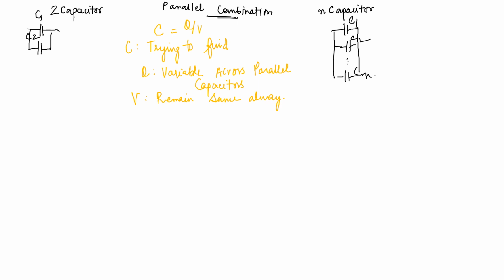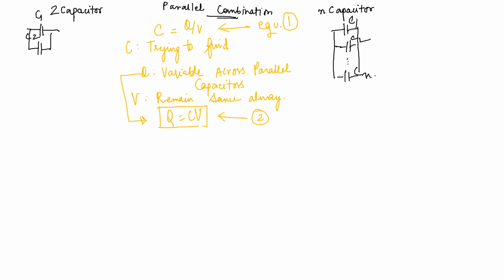So this is what we have got. As we are dealing with a variable charge, we will define the charge as CV from equation 1. This is equation number 1 and this is equation number 2.